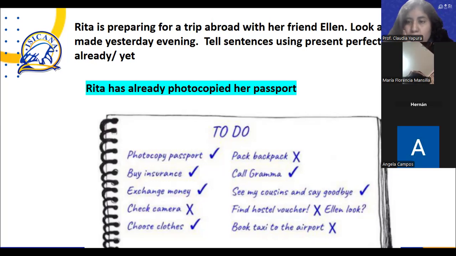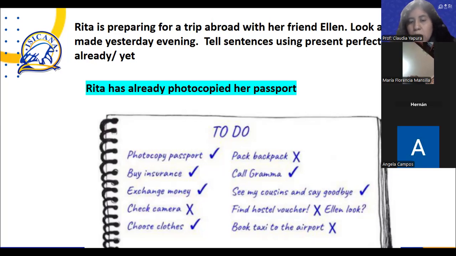See my cousins and say goodbye already. O sea, es el already primero. Okay, el already primero. In this case, the verb see changes. ¿Sí? Vamos a buscar el verbo see. ¿Cuál sería la tercera columna? ¿Sí?